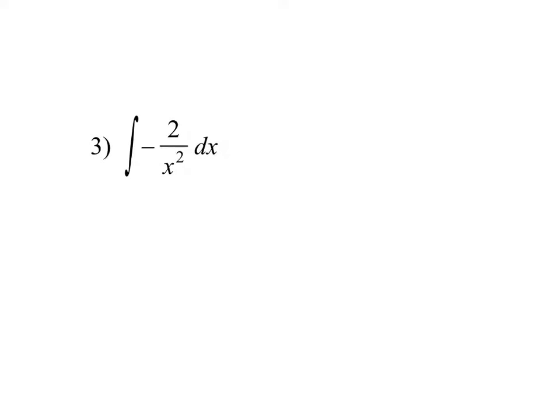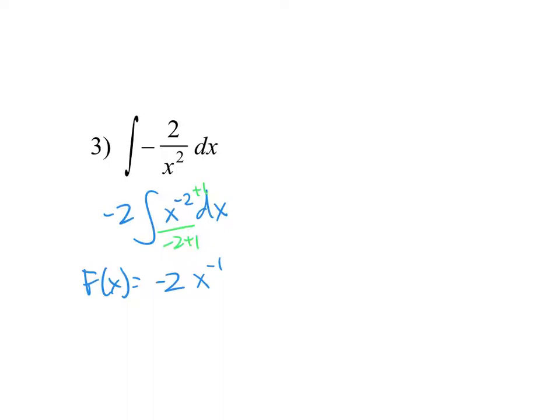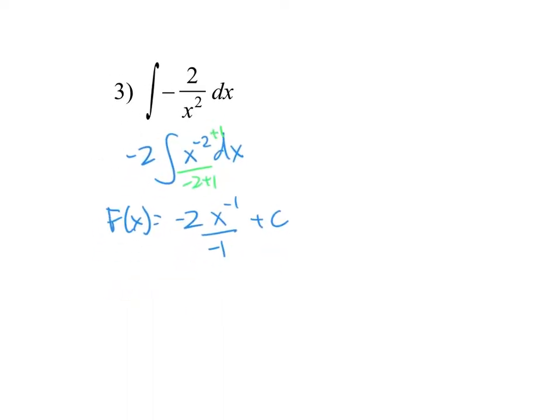So in this case, we're going to put that negative 2 on the outside, and the x squared is going to turn into x to the minus 2. We're going to do our adding 1, negative 2 plus 1 as we're dividing. Remember, we're doing the inverse for these. So our function would be the negative 2, and we would have x to the negative 1 over negative 1 plus our c.